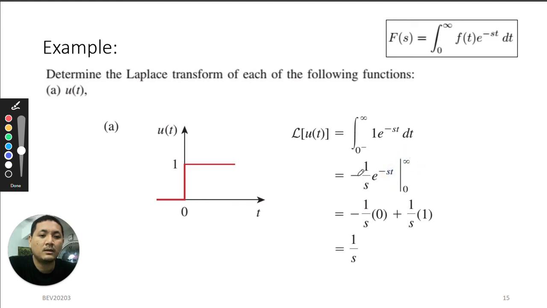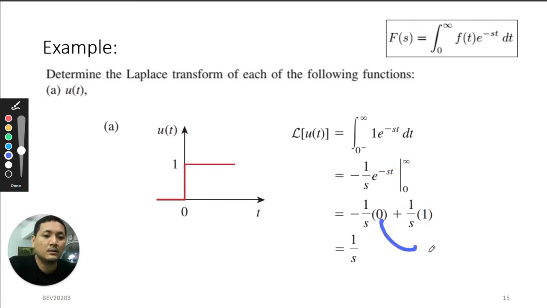Because minus and minus give plus, here is 1 because of e to the negative s times 0, we replace t with 0 so we get 1.